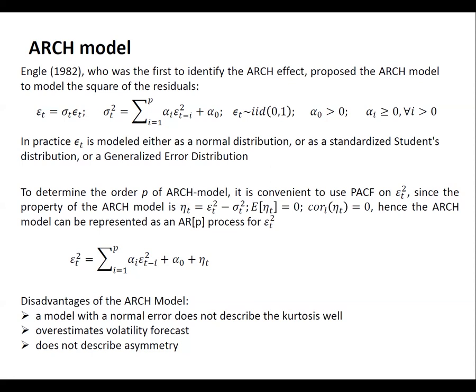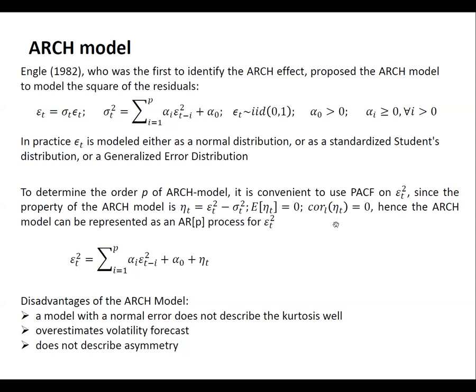When we apply the ARCH model in practice, the first question that arises is how to determine the order p of the ARCH model. And here it is convenient to use the PACF for the residuals of the ARMA model. This is because the ARCH model has the property that if we calculate the error as the square of the ARMA residuals minus the variance estimate from the ARCH model, this eta, then for this error the expectation is 0 and the autocorrelation is also 0 for all lags.